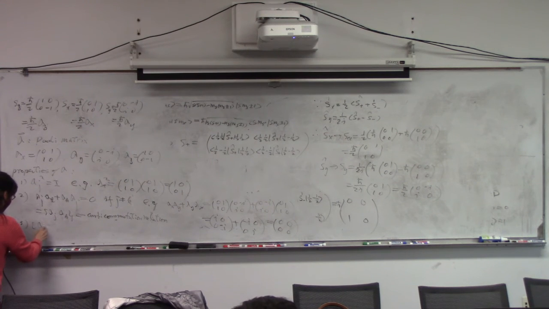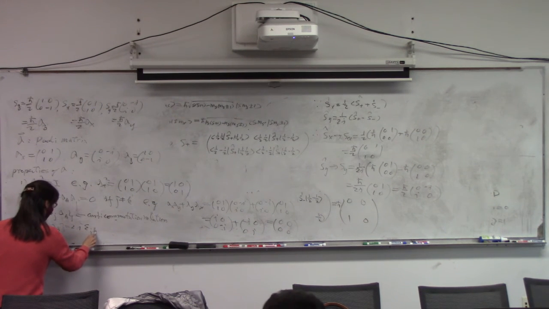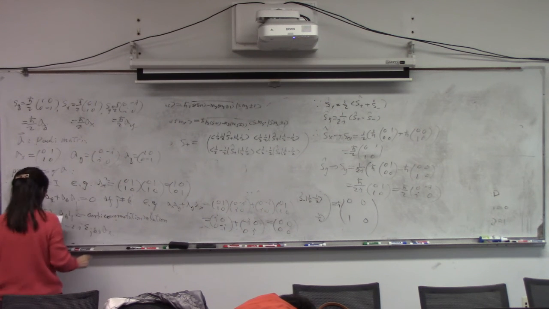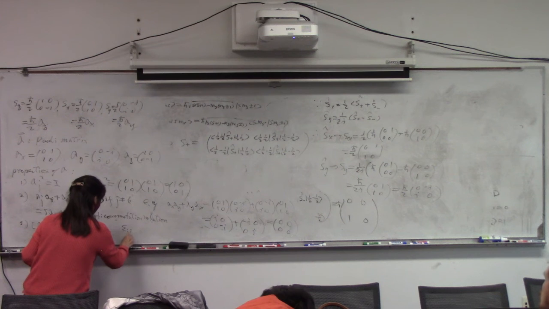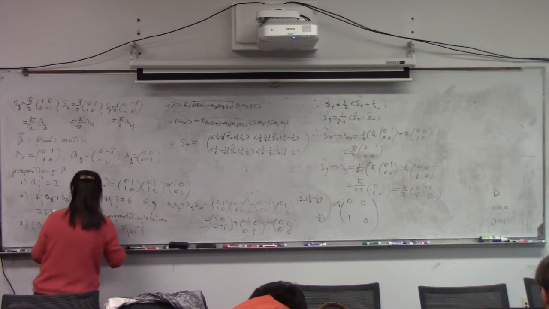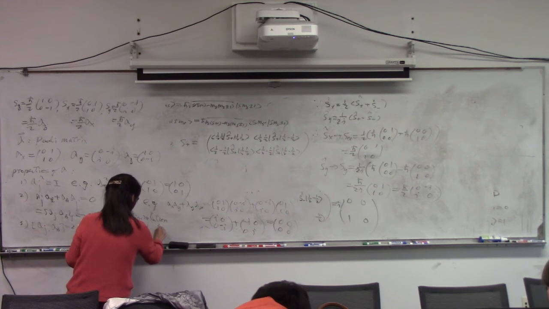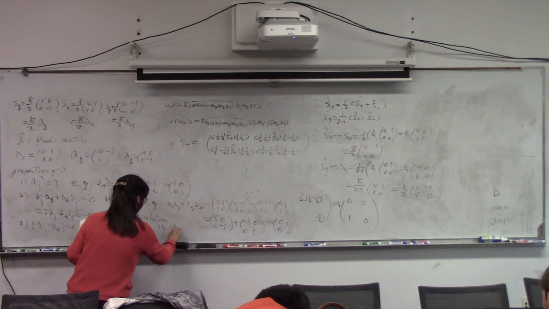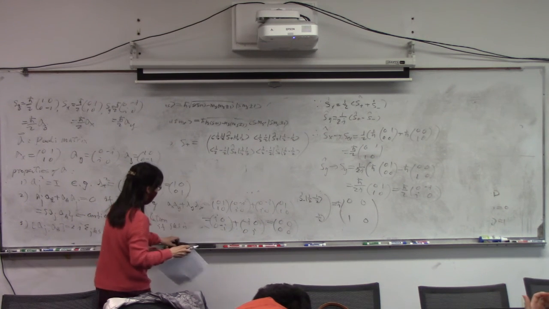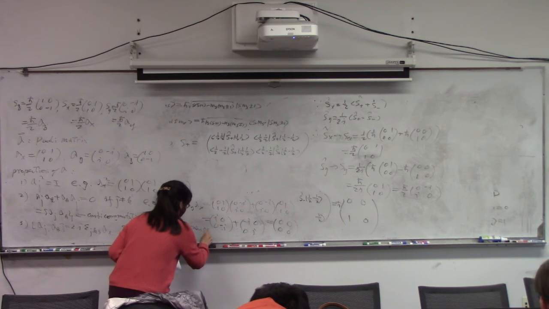Commutator relation: sigma j, sigma k equals 2i epsilon j k l sigma l. So this coefficient we call equal to 1 if j k l is an even permutation.